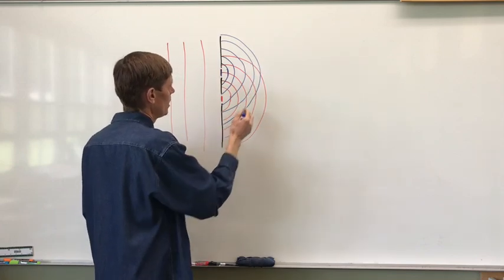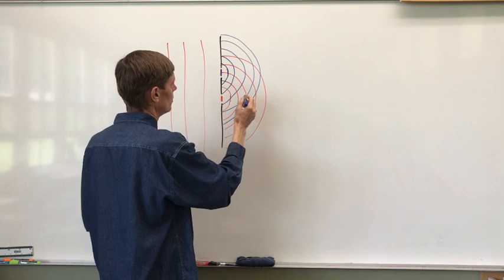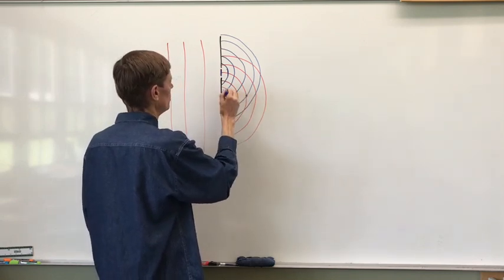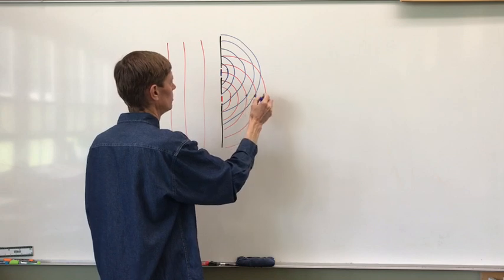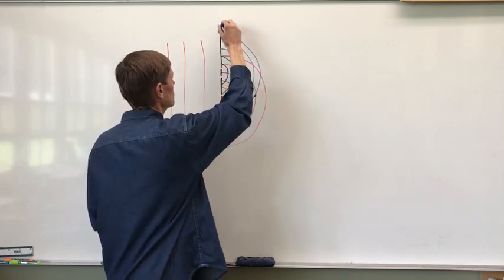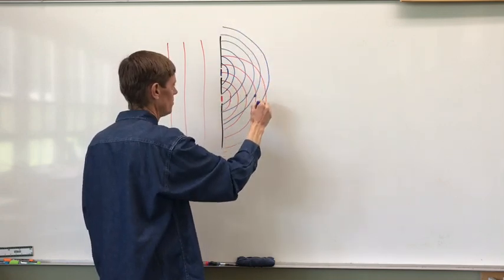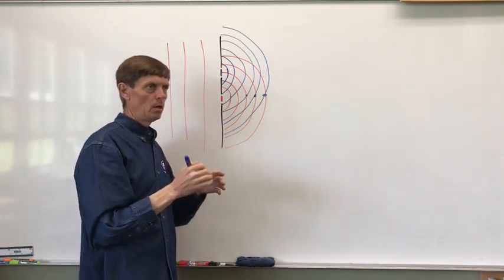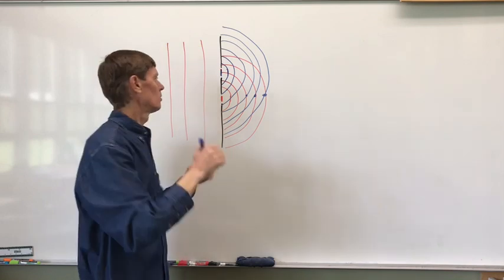And everywhere a blue and a red line cross, that would be a crest. That would be an amplification, or constructive interference.